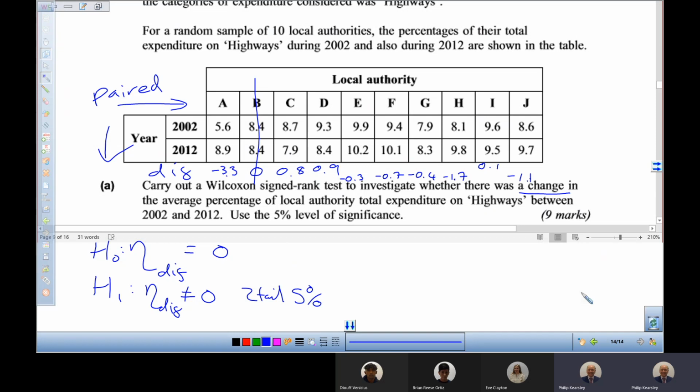Minus 3.3, which comes from 5.6 subtract 8.9. Obviously 8.4 take away 8.4 is 0, so see you later, B. Positive 0.8 for C, positive 0.9 for D, question mark? Yeah, that's right, isn't it? 9.9 subtract 10.2, negative 0.3, negative 0.7 for F, negative 0.4 for G, minus 1.7 for H, 0.1 on the positive side for I, and minus 1.1.